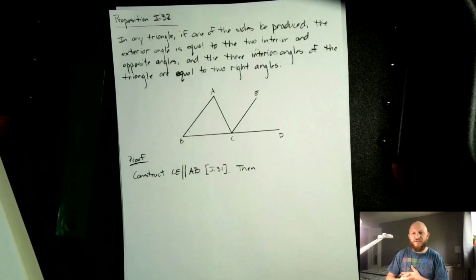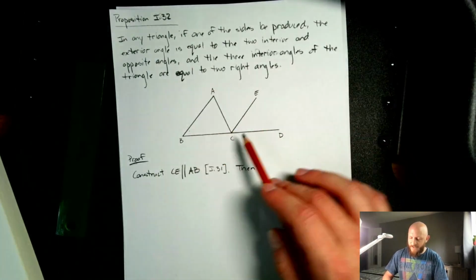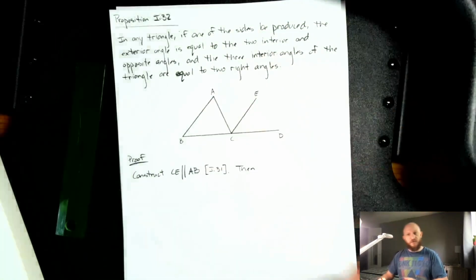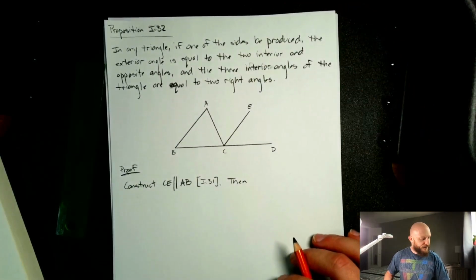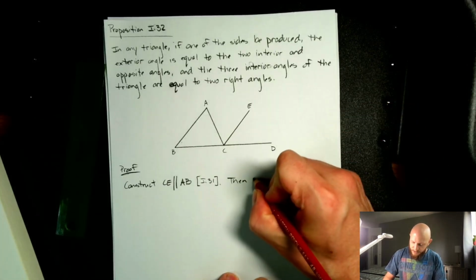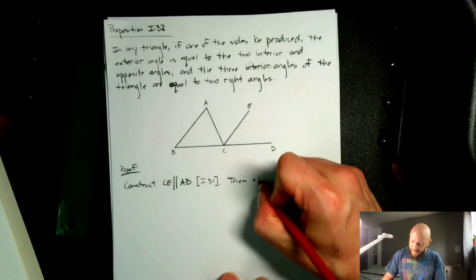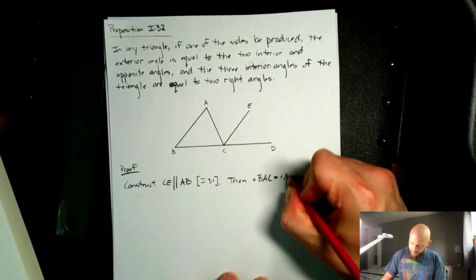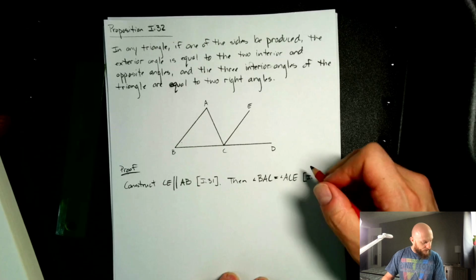I think I can just say that, rather than restating that CE is parallel to AB, and AC essentially acts as a transversal line. And our last few propositions said something about that case of a transversal falling over parallels. So I'll just jump straight to the conclusion of it, which is that angle BAC is equal to angle ACE. And this is by Prop 29.